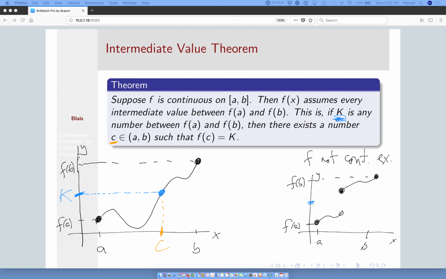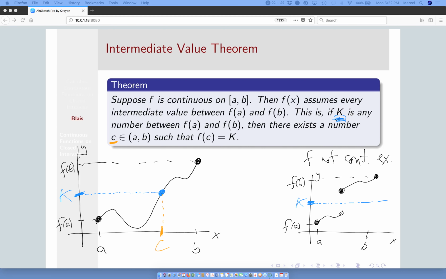If we chose a k here, in that gap, there's nowhere to go. If we move right, we never intersect the graph. There's no c in this interval that when you feed it to f gets you to this level. So we can explicitly see a visual example of how having a function that's not continuous on the closed interval, you may not have this property. But if you are continuous on the closed interval, this always holds.